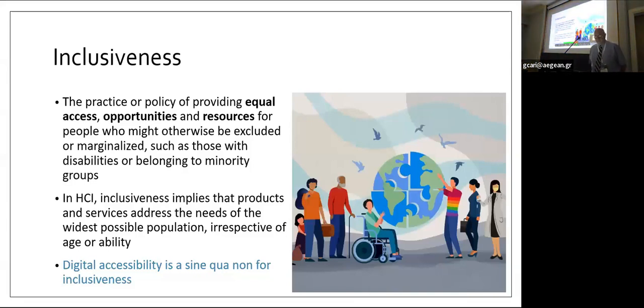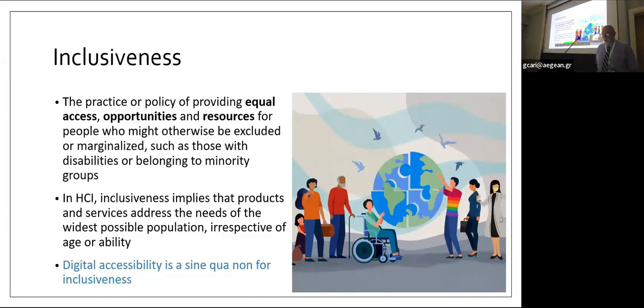Inclusiveness. The term inclusiveness refers to the practice or policy of providing equal access, opportunities, and resources for people who might otherwise be considered or marginalized, such as those with disabilities or belonging to other minority groups.